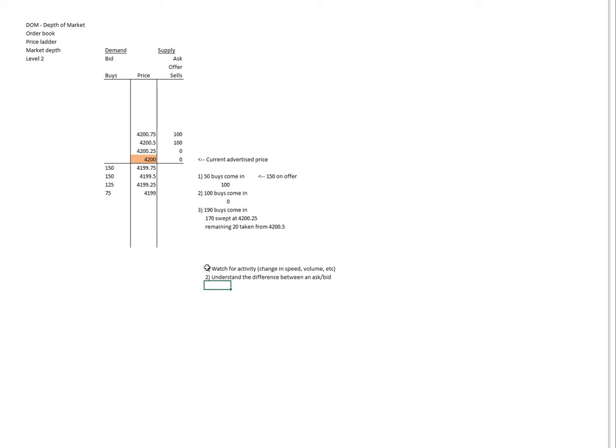Again, I think the colors and the out of the box terminology makes it difficult. And then a third thing you may want to do is start to note relative change day to day.